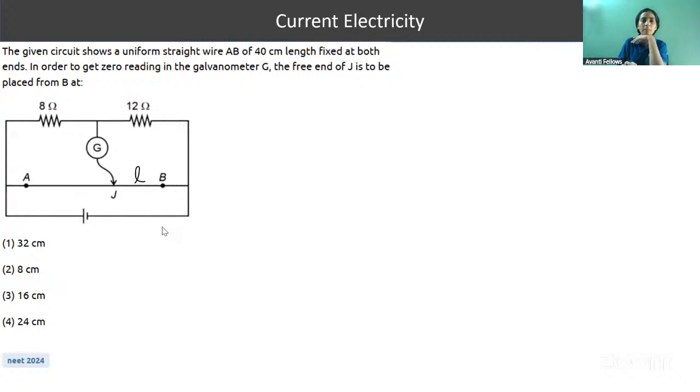This is from meter bridge and this you got in 2024 itself. Take 1 minute and let me know.